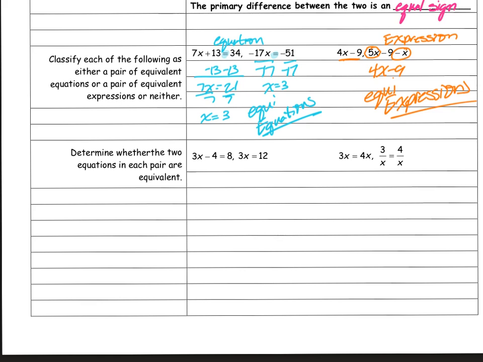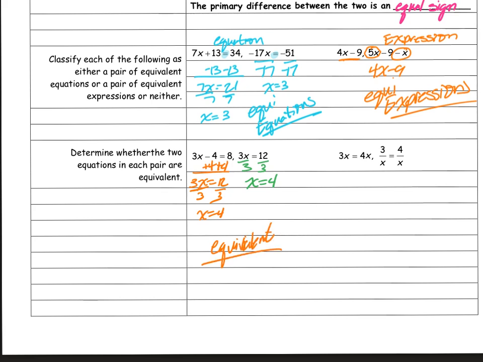We'll start with the first one, and I'm going to divide by 3. x equals 4. Then the second one: add 4 to both sides, and I get 3x equals 12. Divide by 3. x equals 4. Great, so these are equivalent.